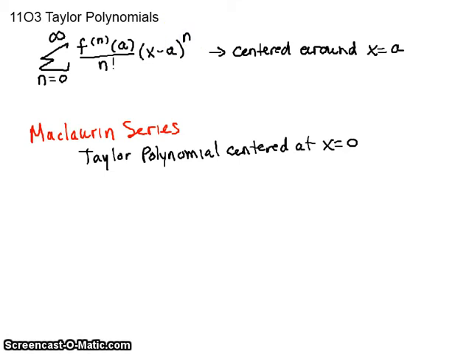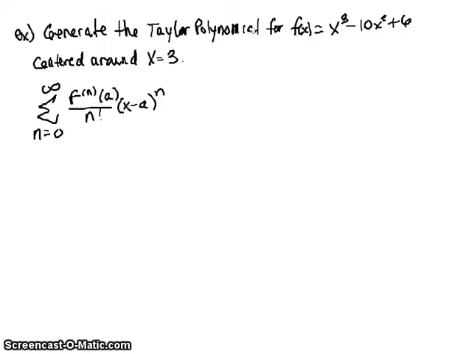I apologize. If we think about that, we know f of x is x cubed minus 10x squared plus 6. We know a is going to be 3. So that f to the n power really means the nth derivative. So we want to just start taking derivatives of f of x and see what happens.